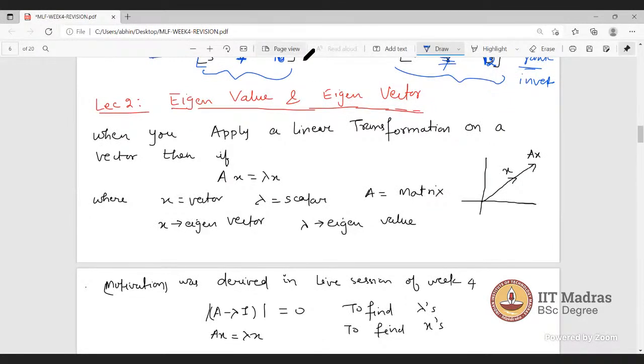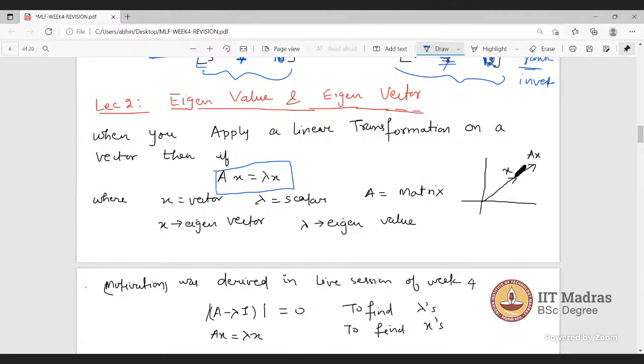So the next lecture was on eigenvalues and eigenvectors. Basically, whenever you apply a linear transformation on a given vector, suppose you get an equation like this: Ax equals lambda x, where x is the vector on which you are applying the transformation, lambda is a scalar, and A is the linear transformation matrix.